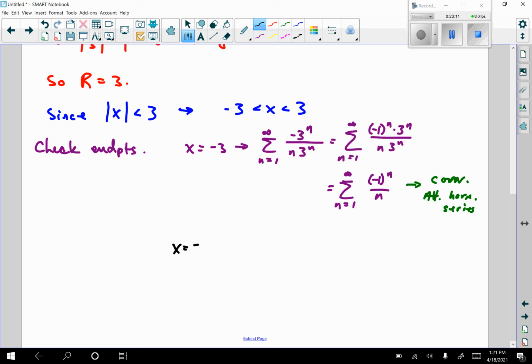And let's check when x is equal to 3. And we just get 1 over n. So this diverges because it's the harmonic series, not alternating, just the harmonic series.